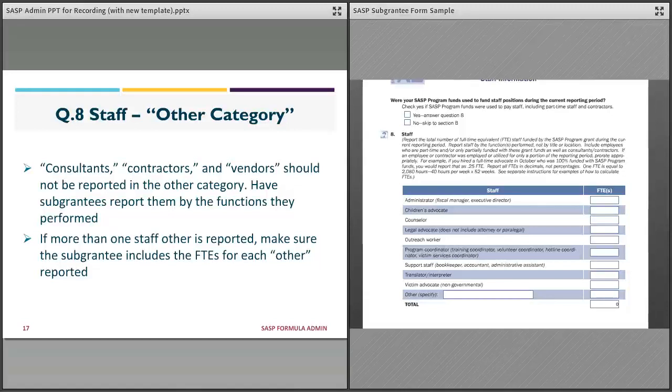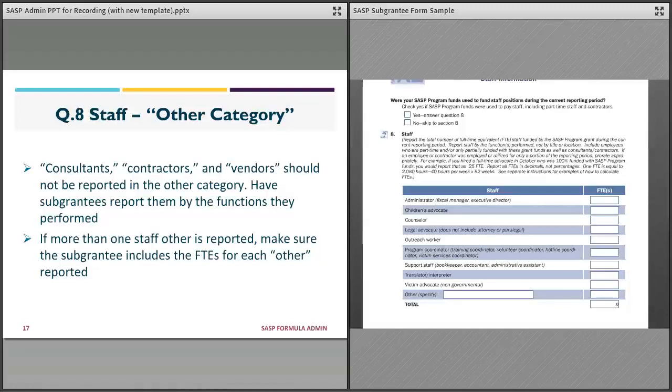So we're hoping that we don't see words like contractor, temporary employee, vendors in the other category. Have the subgrantees report them by the functions that they are performing that are grant funded.